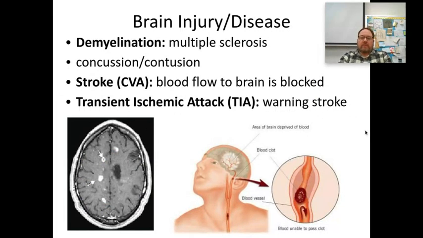All right, now, just like with any other system of the body, you can have injury or disease that occurs. One such thing is called a demyelinating disease, like multiple sclerosis. In the case of multiple sclerosis, your immune system can actually attack the myelin coating on axons. And if that myelin gets destroyed, then signals are degraded and tissues don't get their instructions.